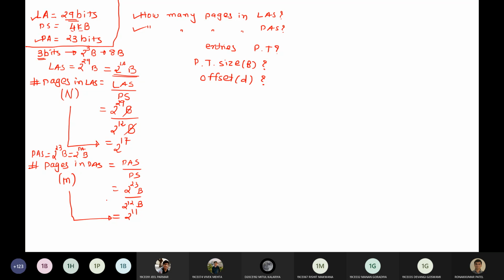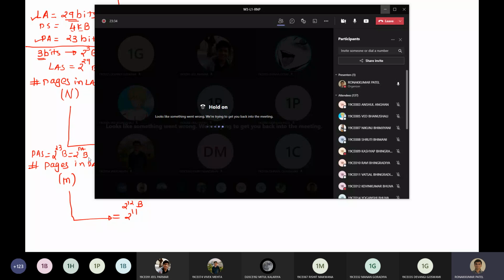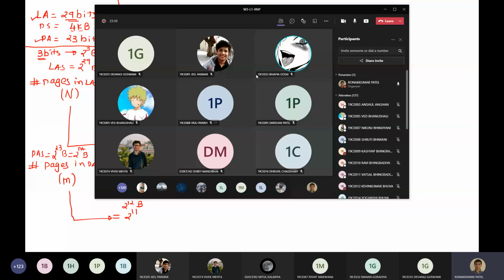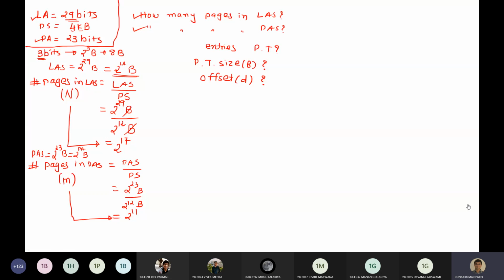So a higher size process we can run in memory because of this case and the concept of virtual memory.